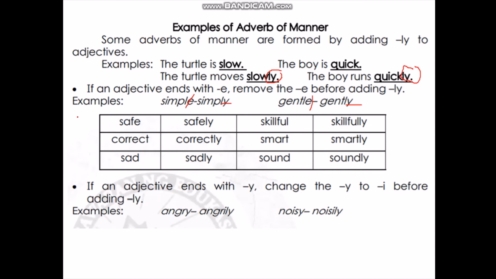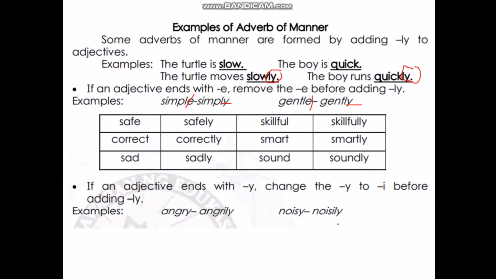Example, safe, then safely, correct, correctly, sad, sadly, skillful, skillfully. So as you can see, it ends with L, so you just have to put ly again. Skillfully. Smart, smartly, sound, and soundly.